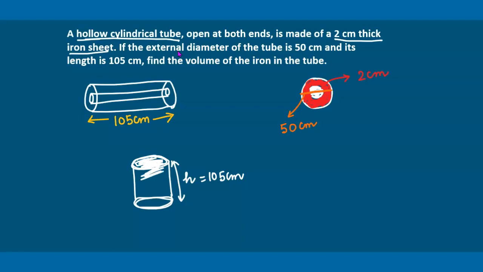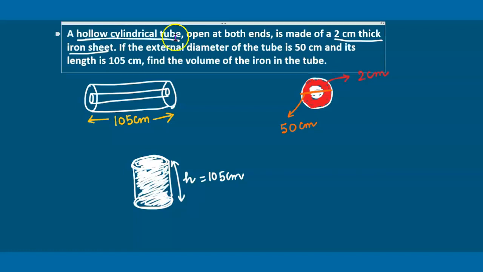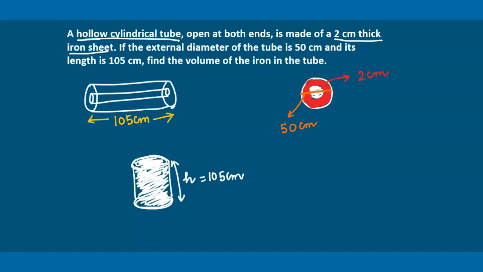It is a solid cylinder. It is like a rod, an iron rod. Now I'm going to show you its diameter. Suppose this is the center, so its diameter is going to be this much, and the diameter is equal to 50 centimeters.